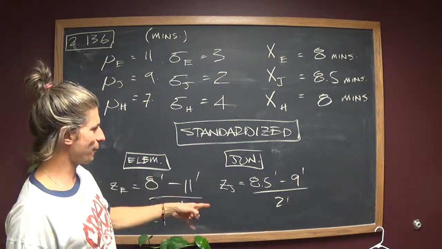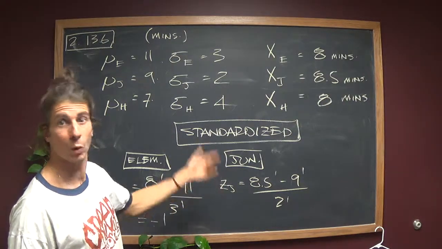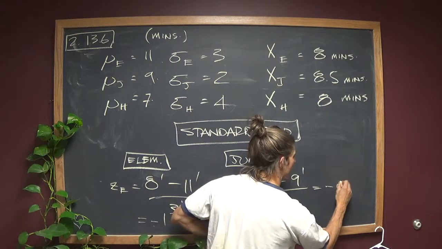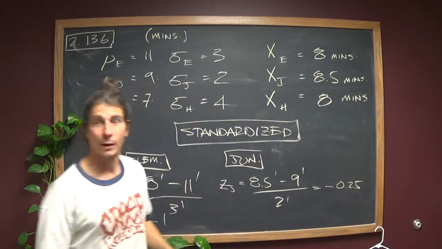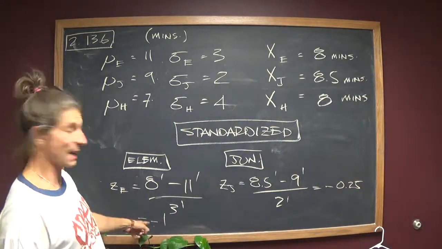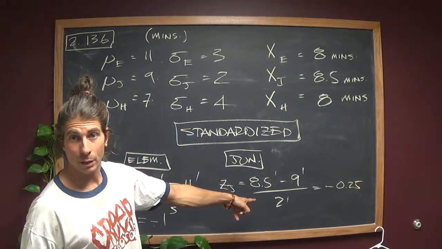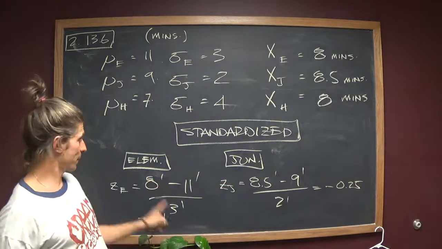So you're going to have a half minute over 2, which is 1 minute over 4. So you've got negative 0.25. So right away we can see this kid in elementary school is more impressive than the kid that was in middle school, because we've got a lower z-score.